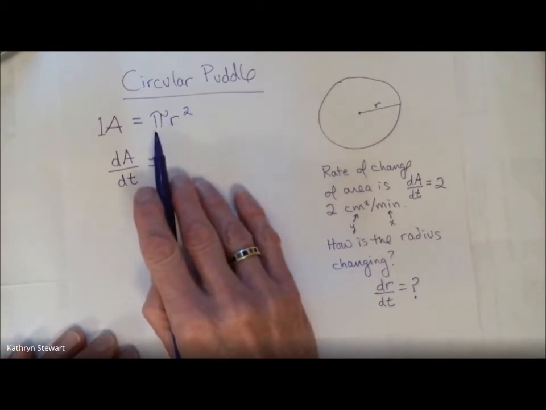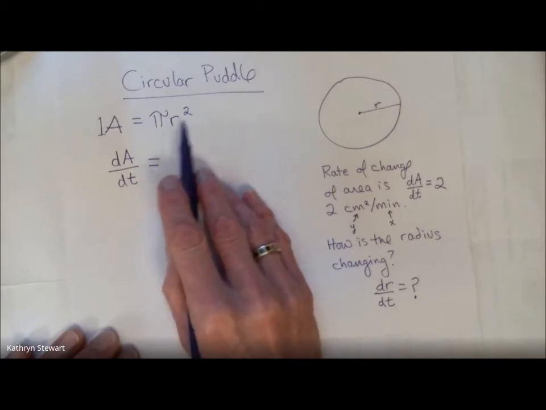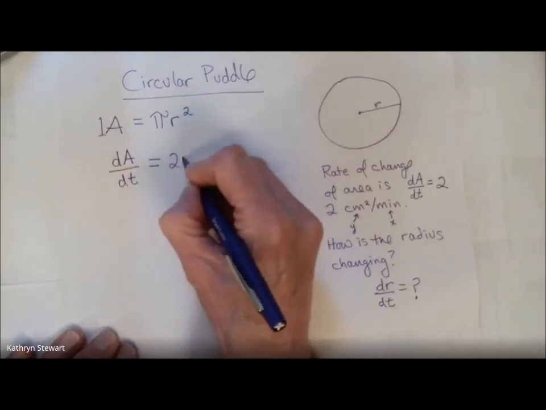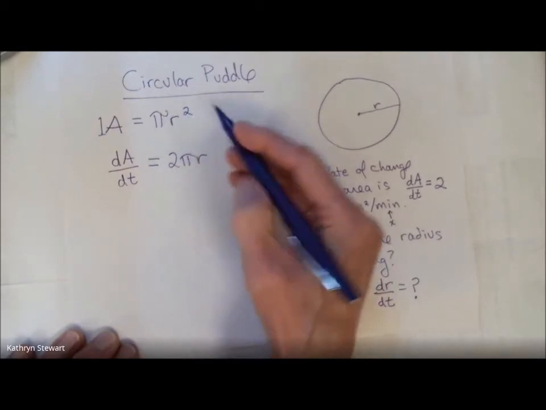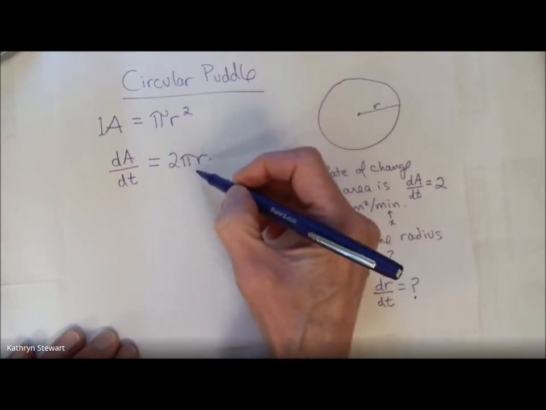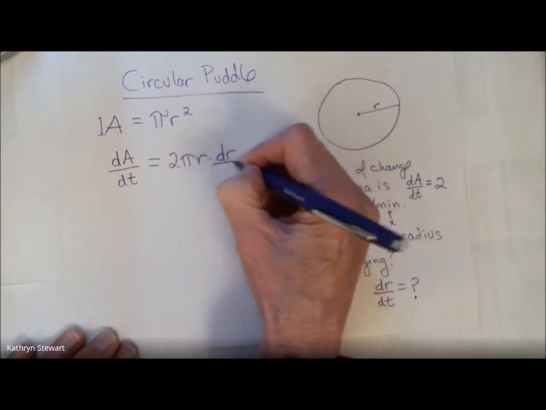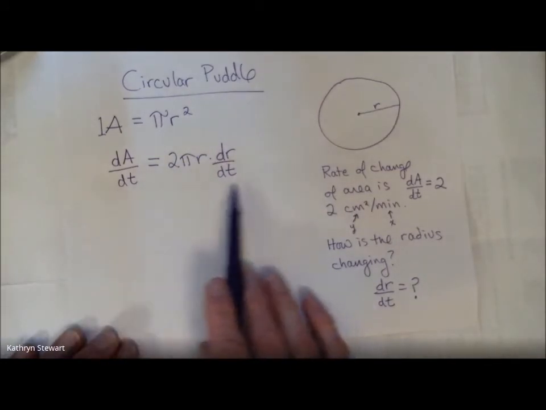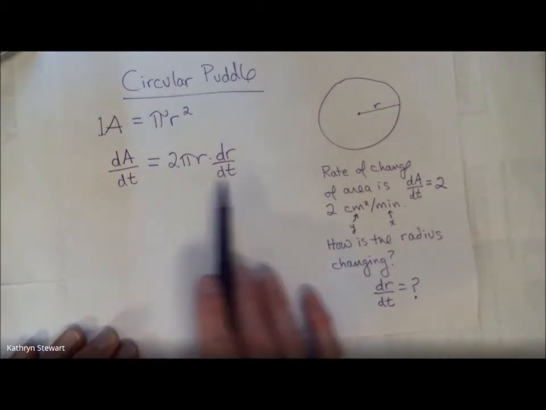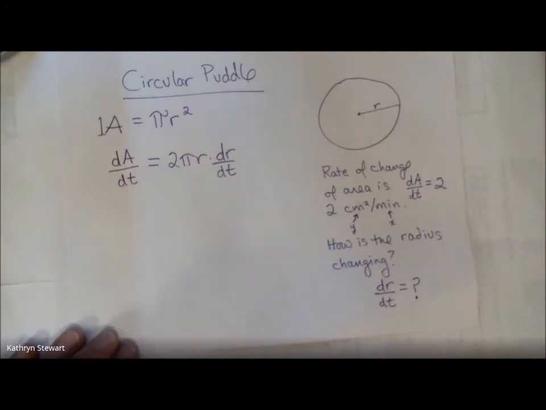Well, pi is just a constant. R squared, the derivative of r squared, power rule, that's going to be 2 pi r. And then the chain rule, times the derivative of r. Well, what's the derivative of r? R prime. Or in Leibniz notation, dr/dt. And there, just like that, we have a relationship between the rates of change of the area and the rates of change of the radius.